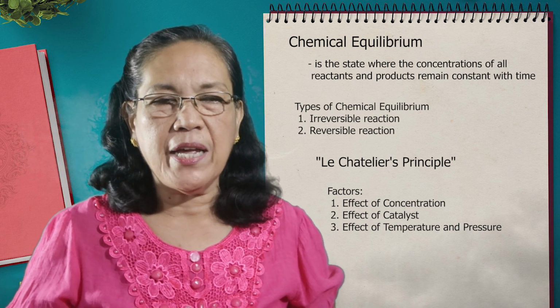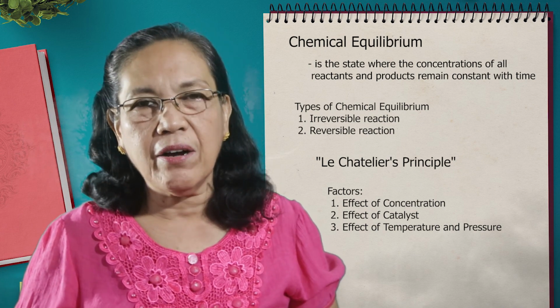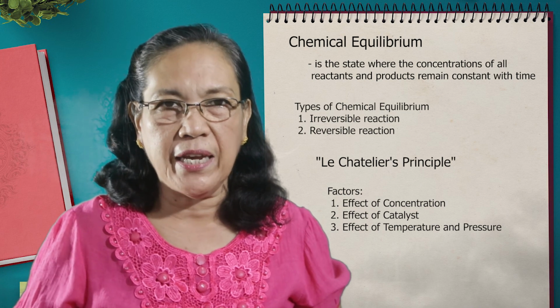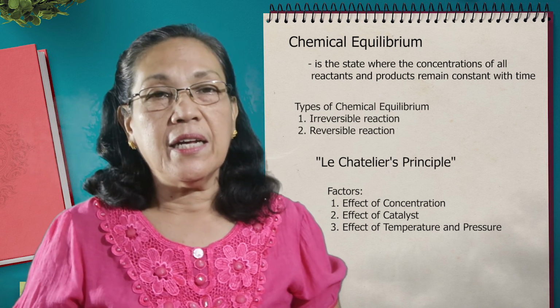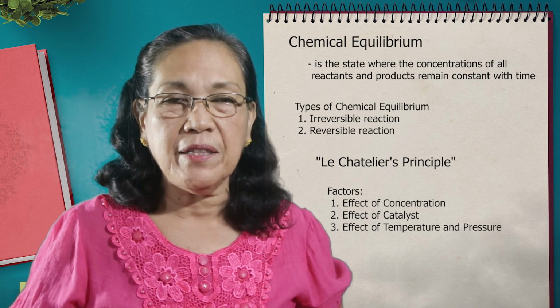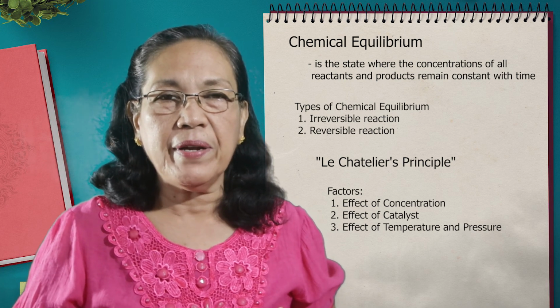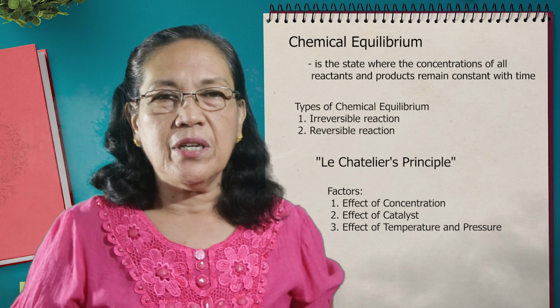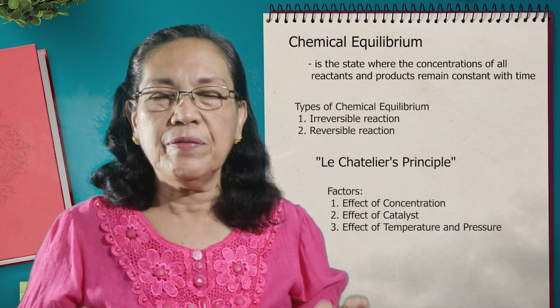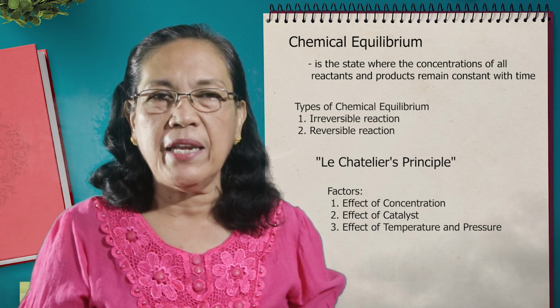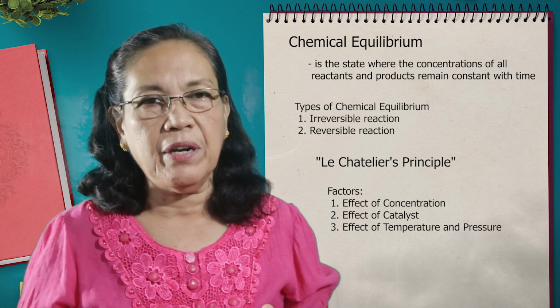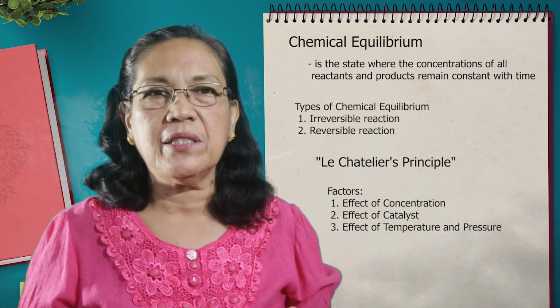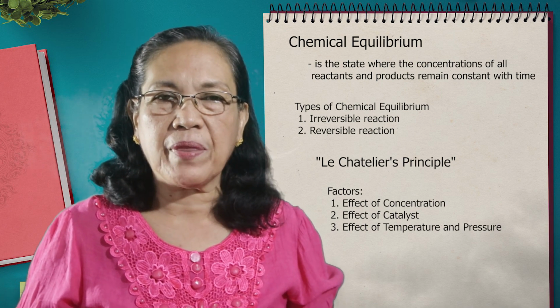Say, for example, increasing the concentration of reactant A, and or reactant B. If you increase their concentrations, in order for this reaction to remain in equilibrium, the reaction should shift to the right to establish an equilibrium.